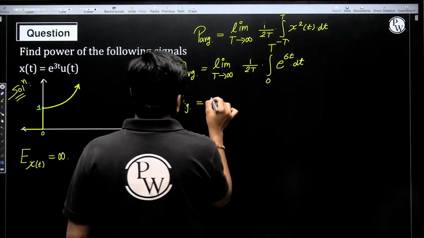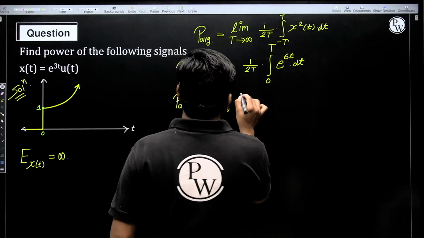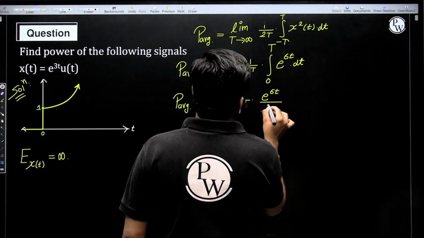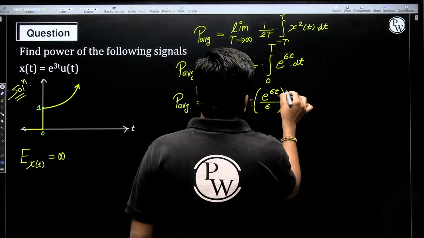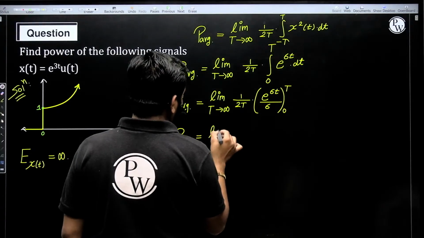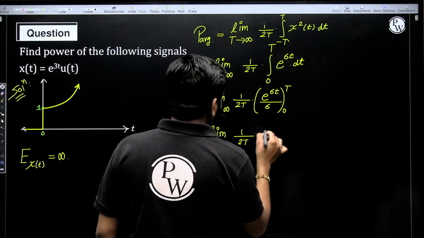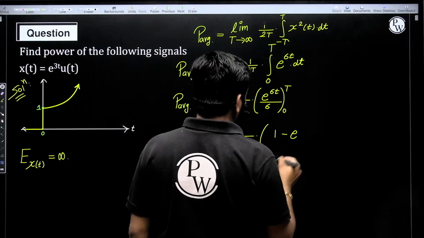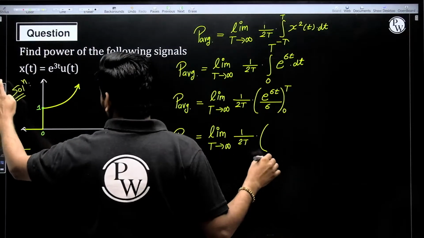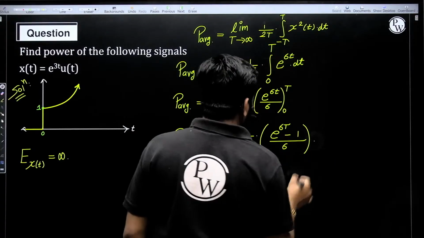Average power is given by limit T tends to infinity, 1 upon 2T, here e to the power 6t divided by 6, limit is 0 to T. Limit T tends to infinity, 1 by 2T, e to the power 6T minus 1 divided by 6.